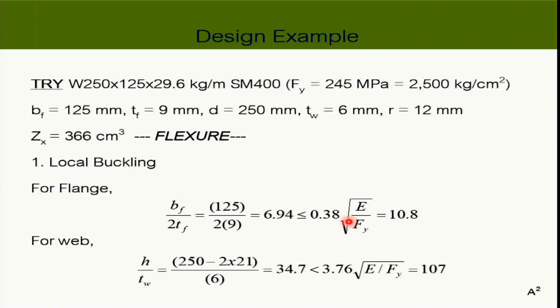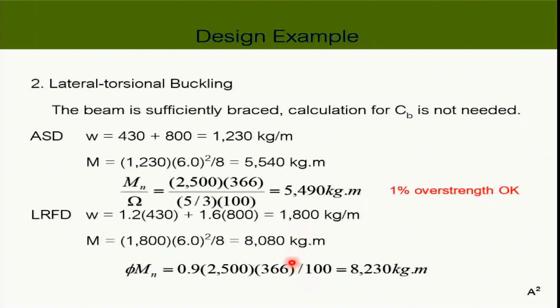But actually one flange, right? Because only one flange is under compression. So I should say the compression flange is compact, and my web is also compact. So that means I can achieve the maximum moment because the beam is sufficiently braced, and I am going to reach Mp.